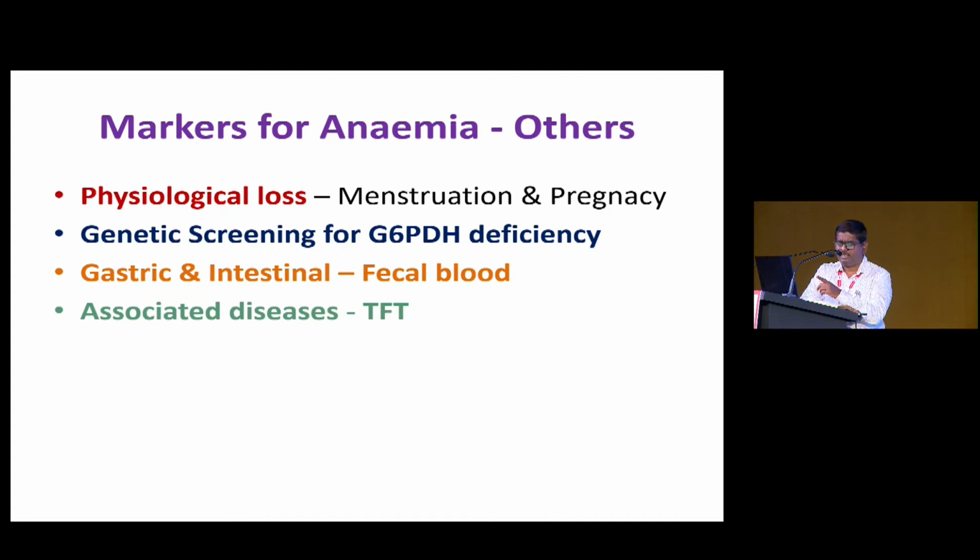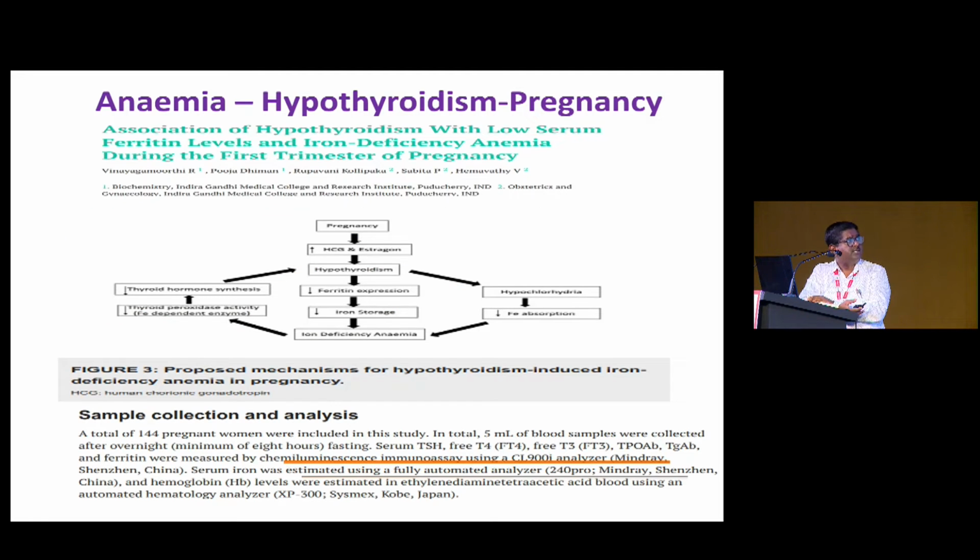Apart from this, we found an interesting study, to answer the morning discussion: in hypothyroidism we found there is low ferritin level that leads to iron deficiency anemia. We came up with this proposal, and there are recent reports that ferritin is one of the downstream genes that is controlled by thyroid hormone.